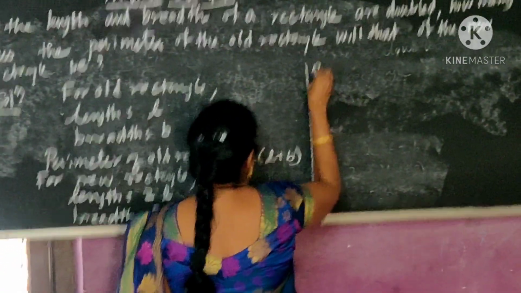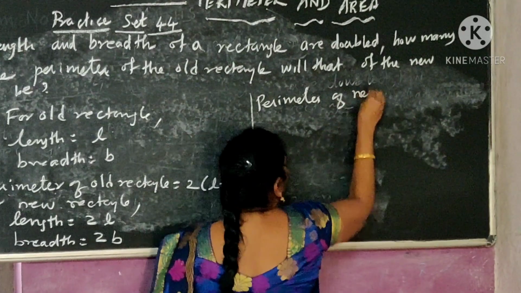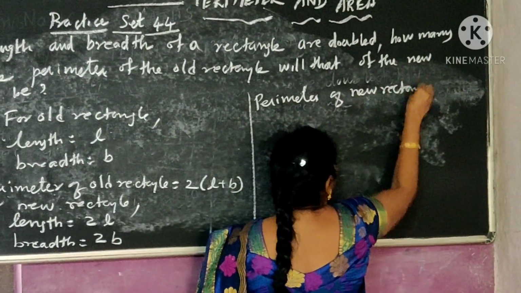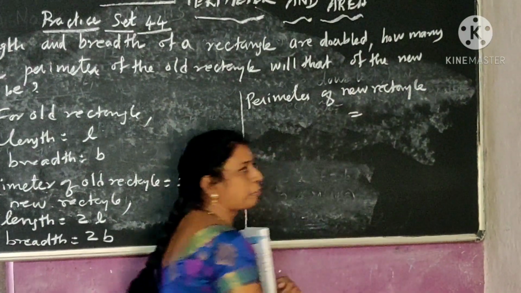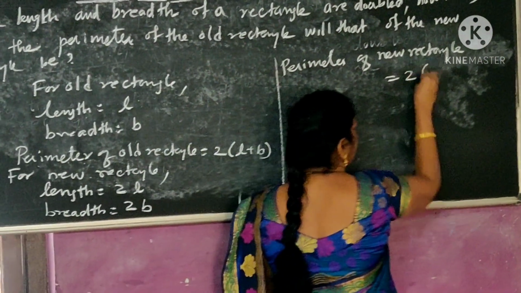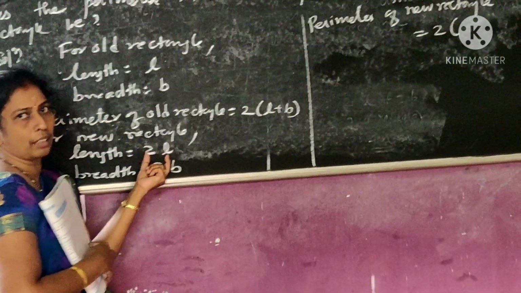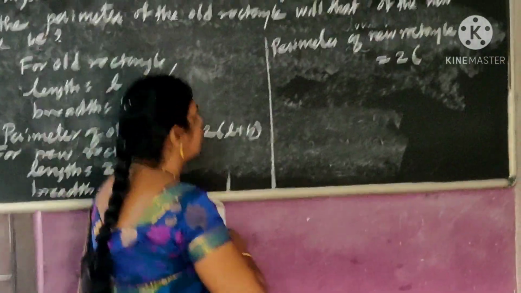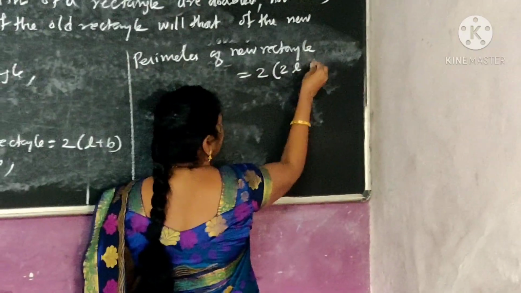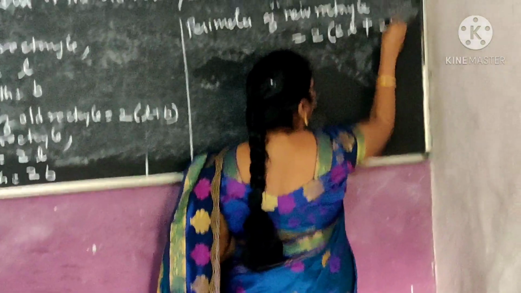So perimeter of new rectangle is, you know the formula, 2 bracket length plus breadth. So instead of length we will write 2L because length has been doubled, and instead of breadth we will write 2B.